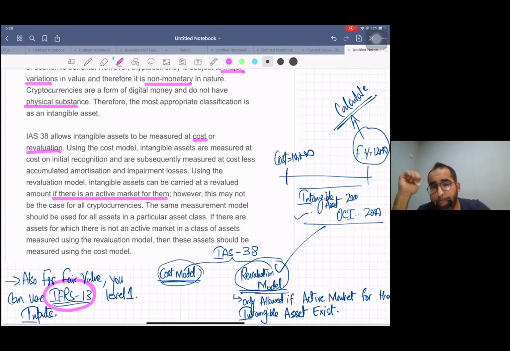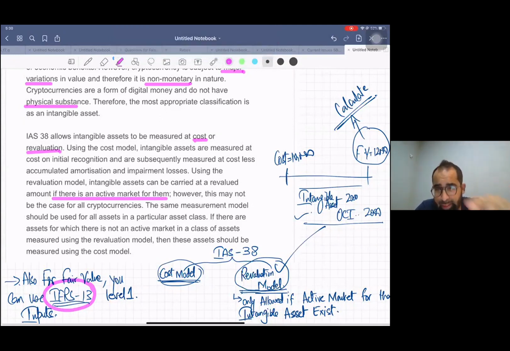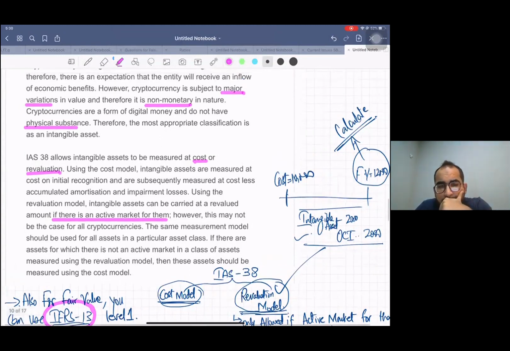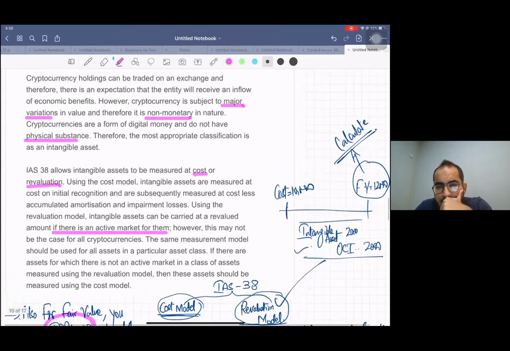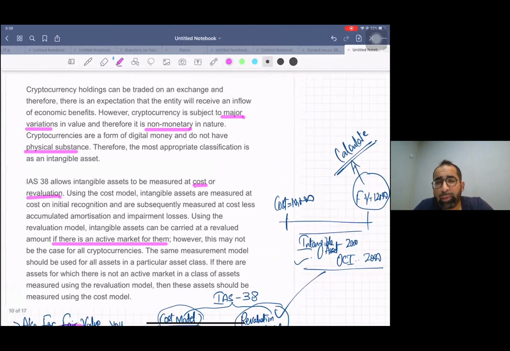Just a quick recap. Hope you remember IFRS 13 has three levels of input: level 1, level 2, and level 3. Now I invite all of you in the comment box: kindly tell me which level we should use for cryptocurrencies.